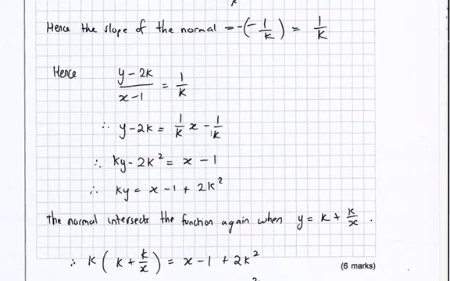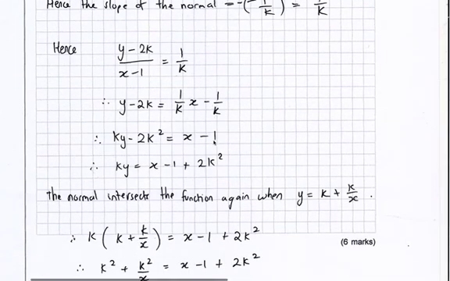What we're going to do is we're going to try and get rid of all the fractions. Just get rid of them, because otherwise algebra is going to be nasty. So the best way to do it is to multiply both sides by k. So what we end up with is ky take 2k squared is equal to x take 1. We're getting rid of those k's by multiplying both sides by k, and k on k cancels out. That's what we're doing.